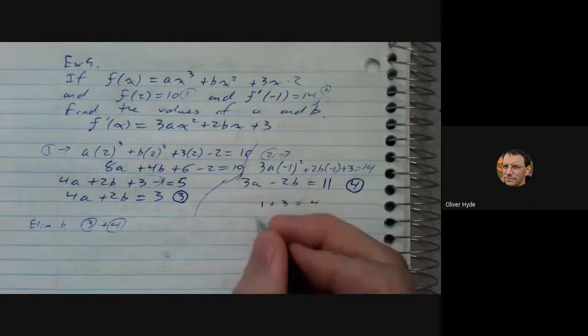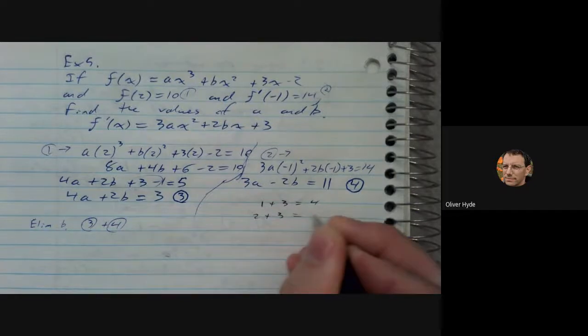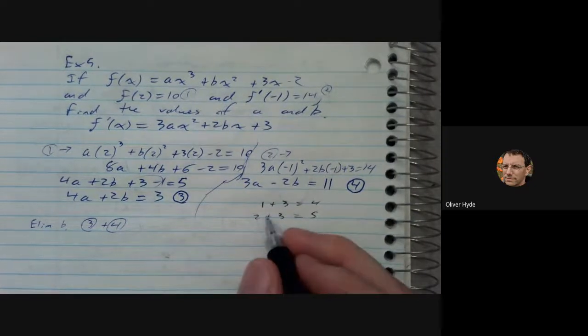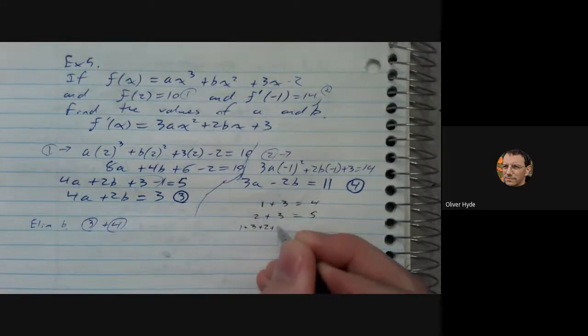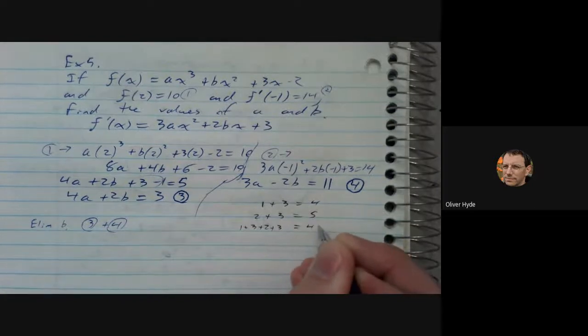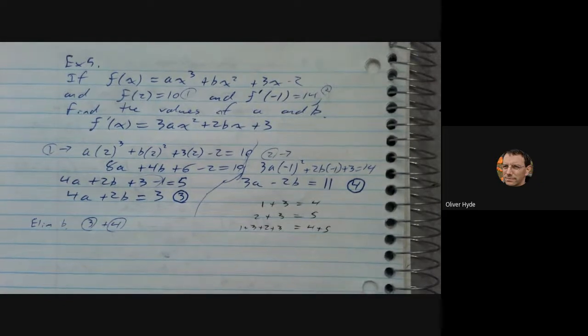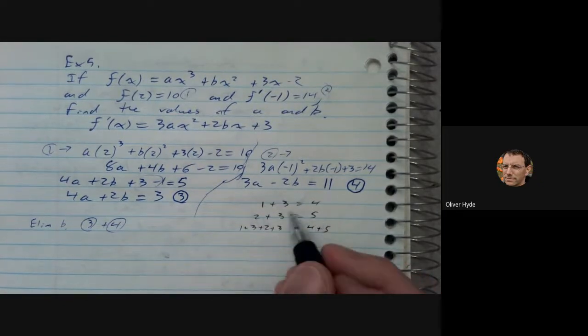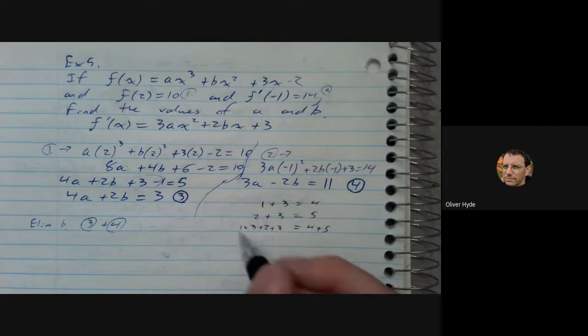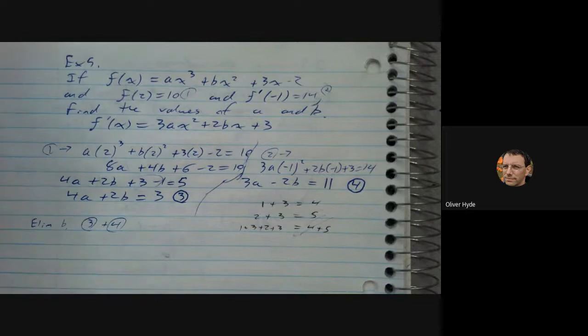That's true. 2 plus 3 is equal to 5. That's true. This means that 1 plus 3 plus 2 plus 3 should equal 4 plus 5. Is that true? 4, 5, 6, 7, 8, 9, and that's 9. That's not a proof, but it's a demonstration that you are allowed to add left sides and add right sides and have the statement still be true.